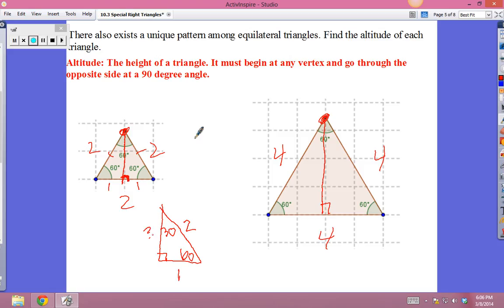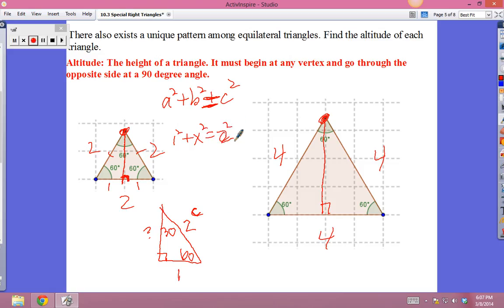So again, we're going to use Pythagorean Theorem the first couple times till we find the pattern, and then we will never have to calculate again. So a squared plus b squared is c squared. This one is my c. So we're going to go 1 squared plus x squared equals c squared.